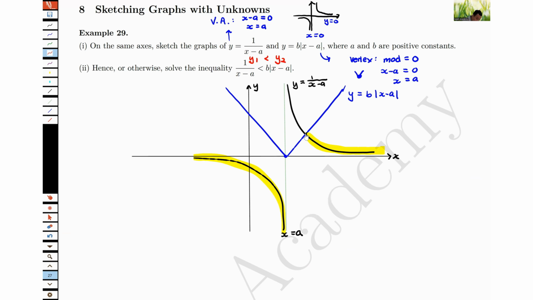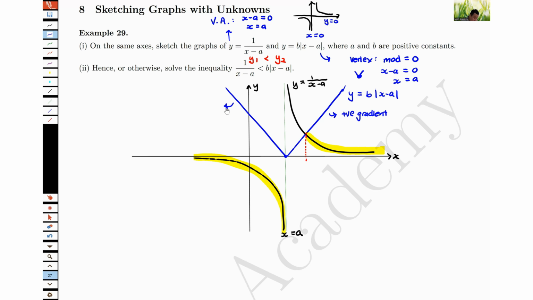To solve for the inequality, I need to make sure that we calculate this intersection point. This intersection point will then mean that I want x values to be more than this. So to calculate that, we want to intersect the two graphs. But there is a modulus, so there will be a need to understand more. How do we remove the modulus? We did that in the earlier part of the lesson. The right-hand side of the graph has a positive gradient.